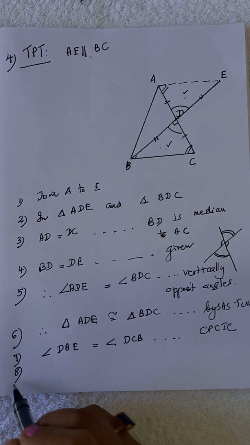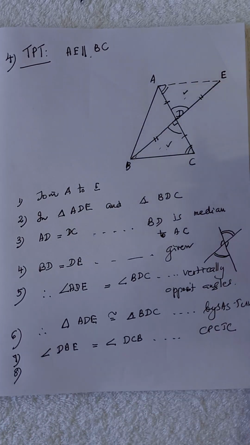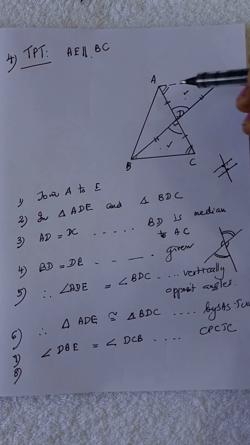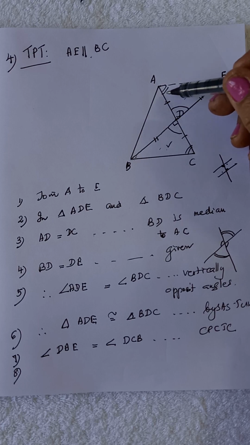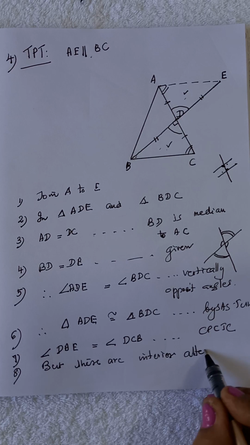But we know these two are interior alternate angles. If two parallel lines are cut by a transversal, then these two angles will be interior alternate angles. Like that, these two angles are also interior alternate angles. Here, if you consider this AC as transversal, then these two angles will be interior alternate angles.